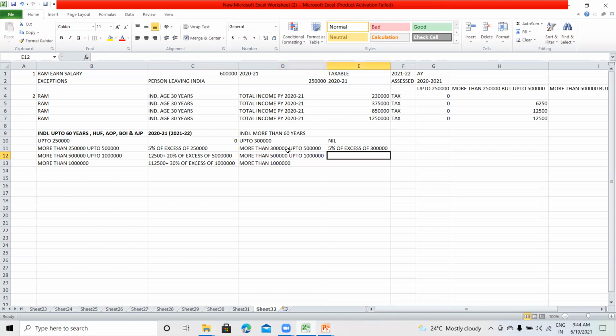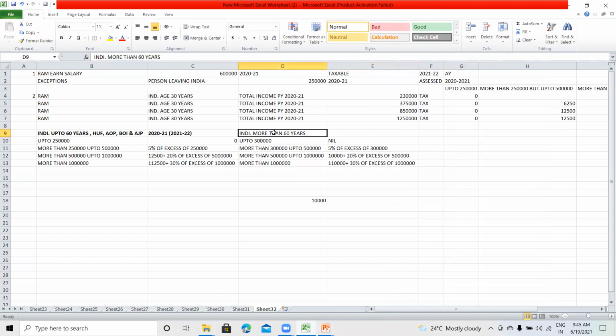It will be 5 lakh minus 3 lakh into 5%, which is 10,000. Then 10,000 plus 20% of the excess of 5 lakh. And another one will be 1,10,000 plus 30% of the excess of 10 lakh. So there will only be this type of change.